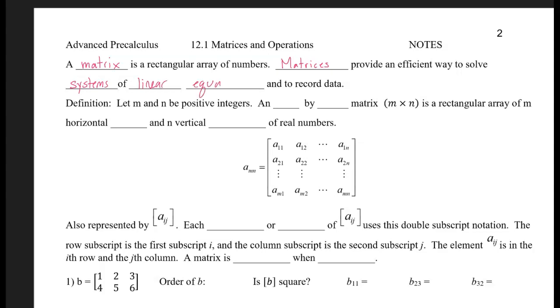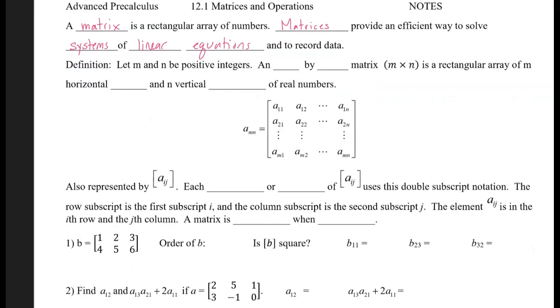So if you remember from Algebra 2, we taught you ways to solve systems of linear equations by substitution or elimination. Well, when the systems get bigger than you want to deal with, you can just convert them into a matrix, and it's an easy way to solve. That's why matrices were originally created. They're created to deal with systems of linear equations.